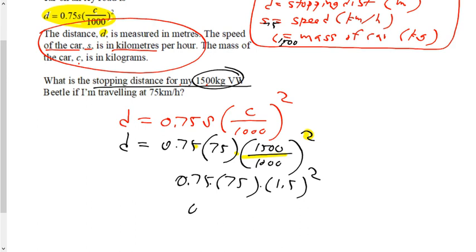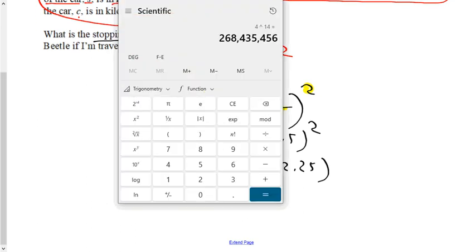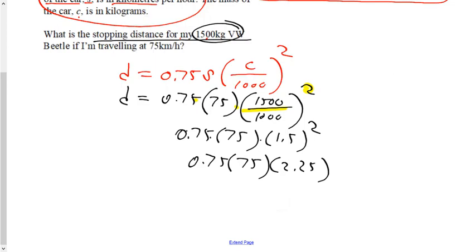Do my exponent first. 1.5 squared is 2.25. Now I just have a string of multiplications left. Grab my calculator. 0.75 times 75 times 2.25 equals 126.5625.